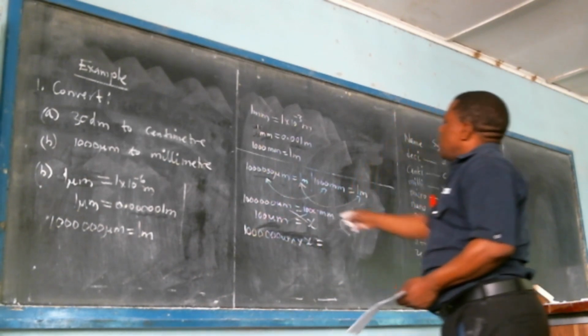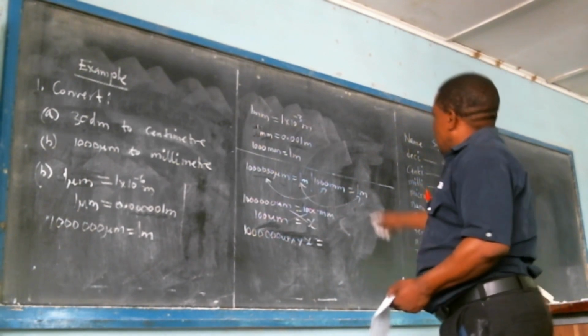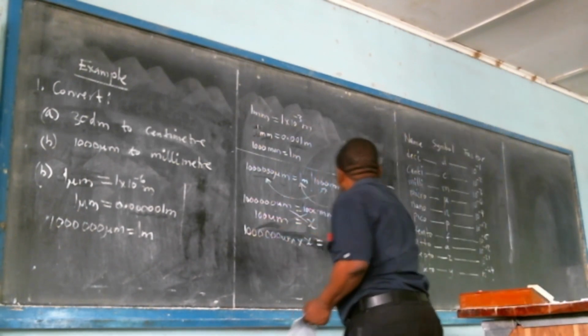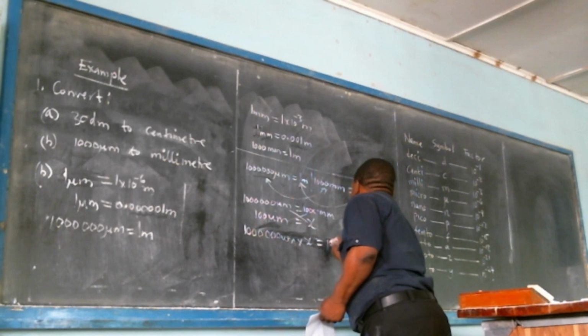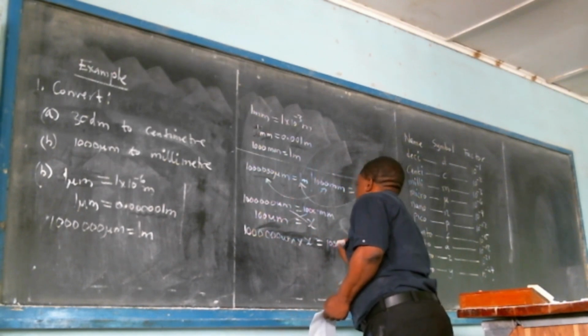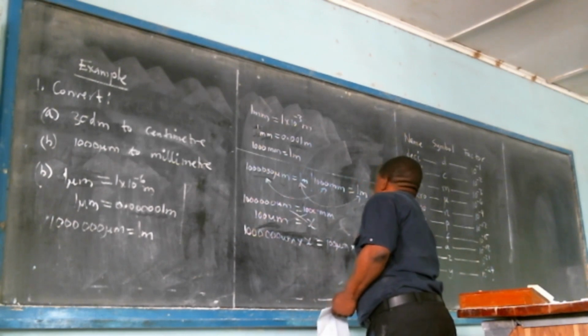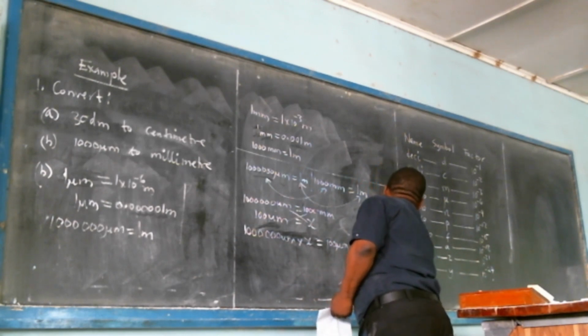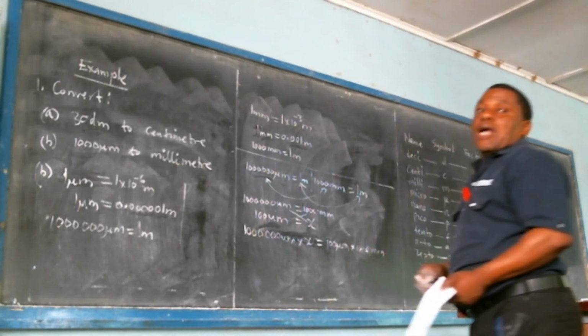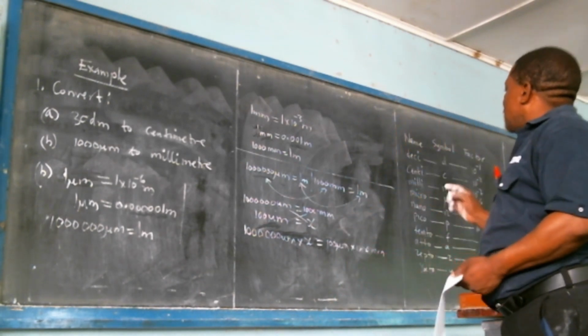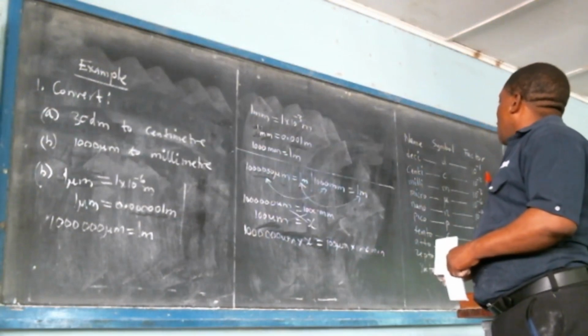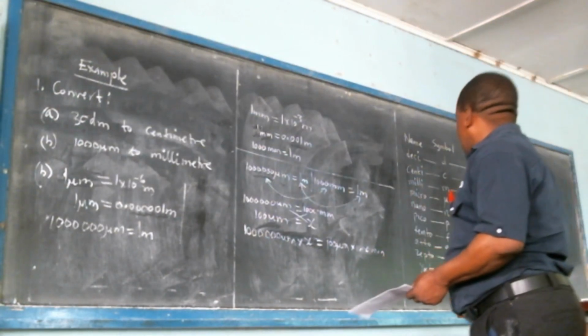So we have 1 million micrometers times x equal to 100 micrometers multiplied by 1,000 millimeters.